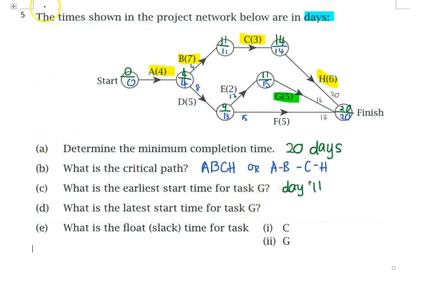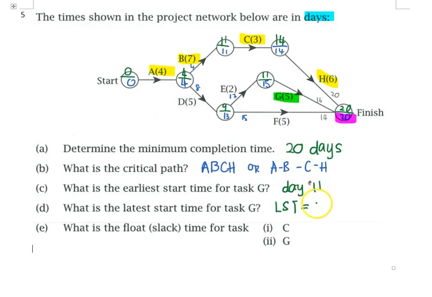So for D, what is the latest start time for task G? That means what is the LST value? How do you find the LST value? The LST value for task G uses the backward value, 20, minus the activity time, which is 5.